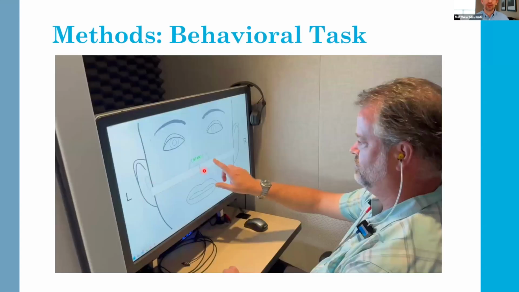So this is the task that they had to do. This is just an example. The task was to select what side they heard the sound on, left or right, and then also to select how far out they heard the sound.